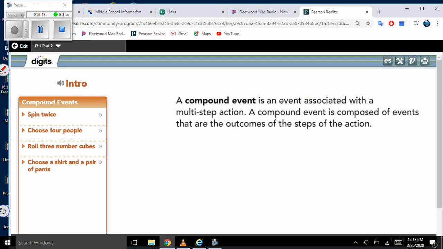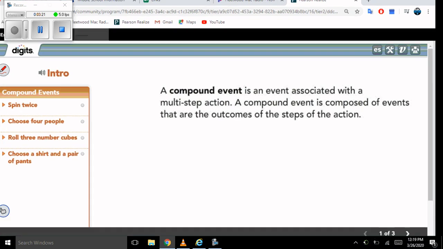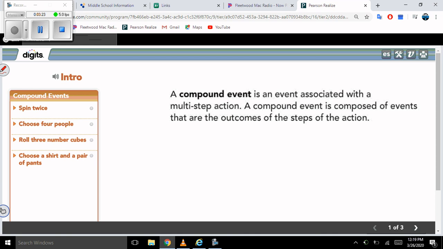All right, so in this particular situation, we've got compound events, okay? Compound events. This is going to be very important that you understand what this is. It's a multi-step action.